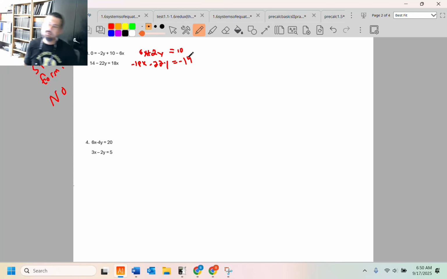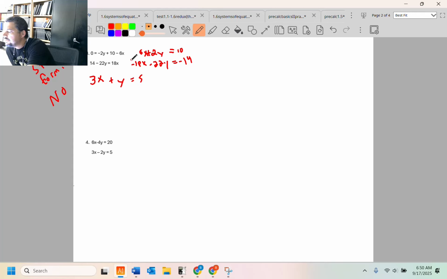Now, I'm going to do a couple things on these to make them smaller. Before I ever go to a matrix, I'm going to use some properties of equality. I'm going to divide this entire row by 2 and make that 3x plus y equals 5. And I can do the same thing with this one too, I think.